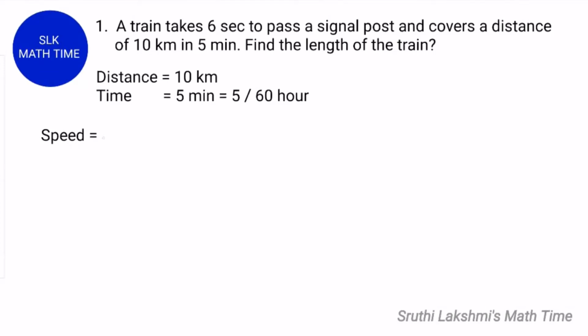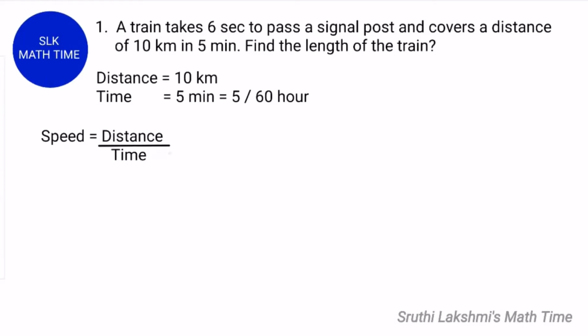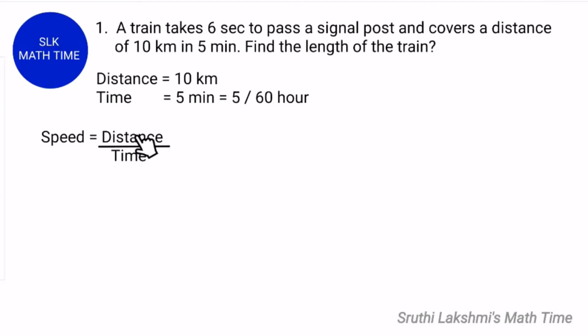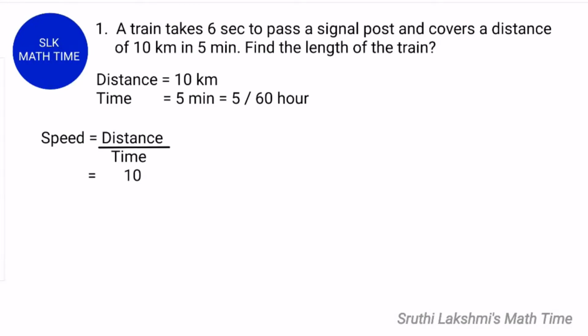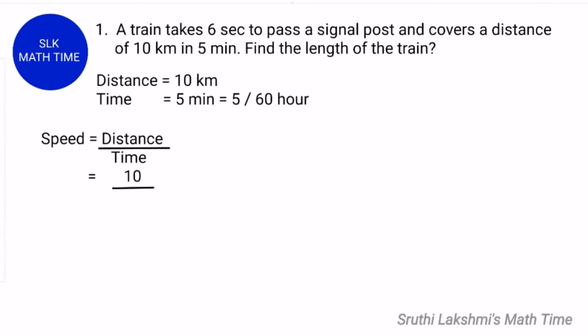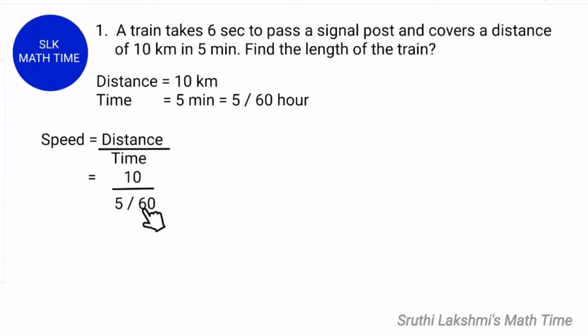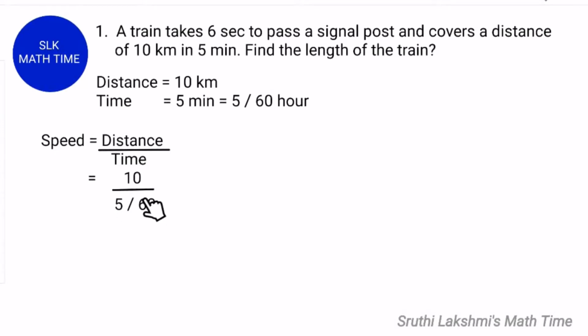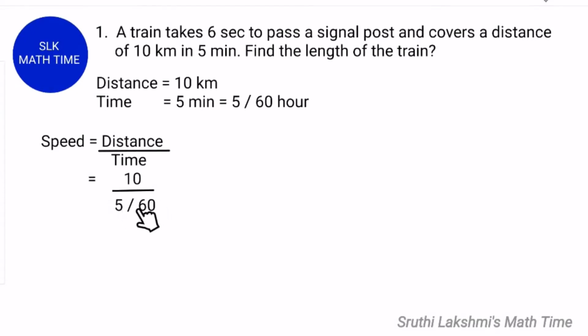The speed of the train is nothing but the distance the train covered divided by the time it takes to cover the distance. So the distance is 10 kilometers divided by the time, which is 5 by 60 hour. When the denominator is a fraction, to bring it to the numerator, we inverse it.